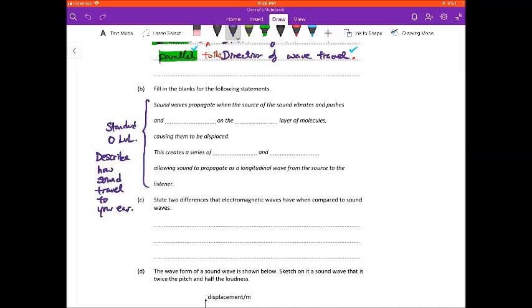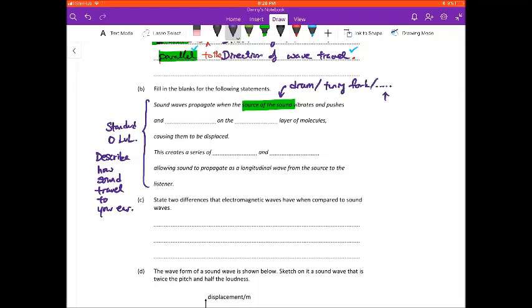So you need to mention what is the source of the sound. Okay, so for example, if the context is a drum is struck, then you need to say sound wave propagate when the drum vibrate. Okay, or when your tuning fork vibrate. Okay, so on and so forth.